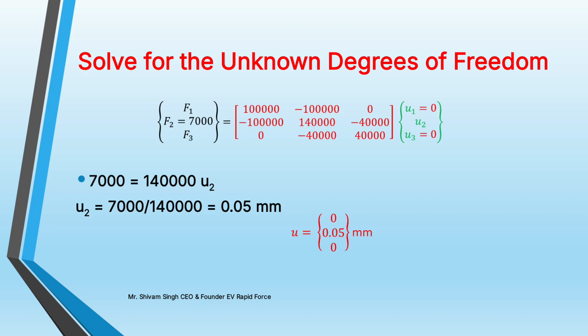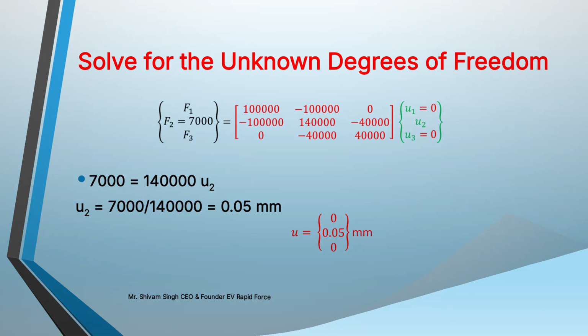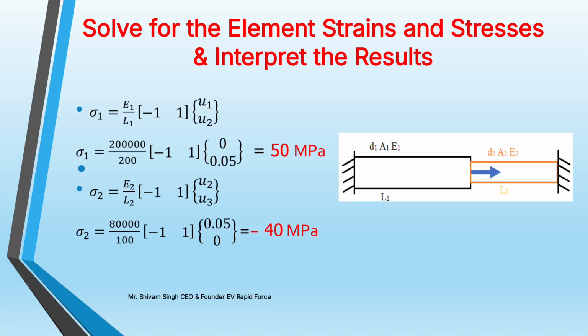Now that we have u2, we find F1 and F3, the forces, by solving the equations, and using the relation which I derived the first time, we get sigma 1 is 50 megapascal and sigma 2 is minus 40 megapascal.